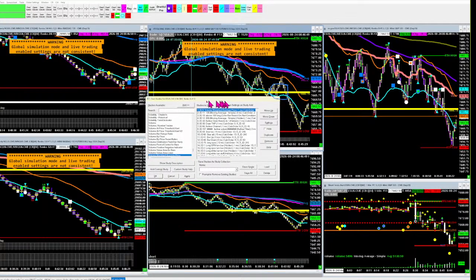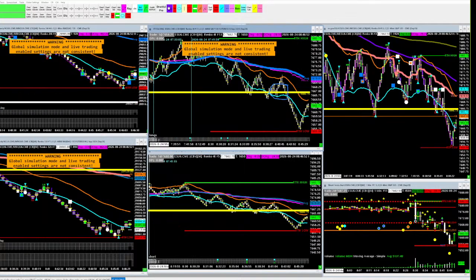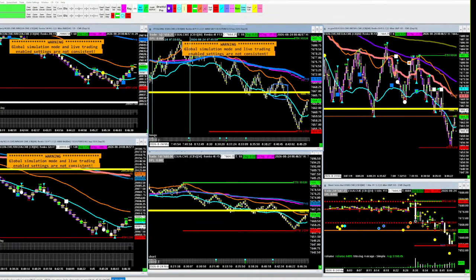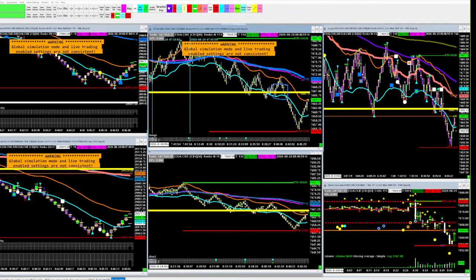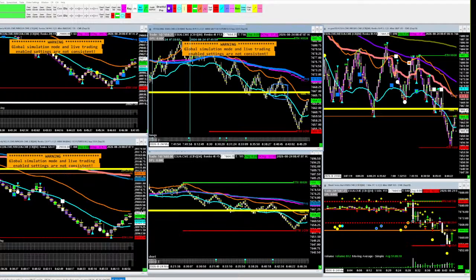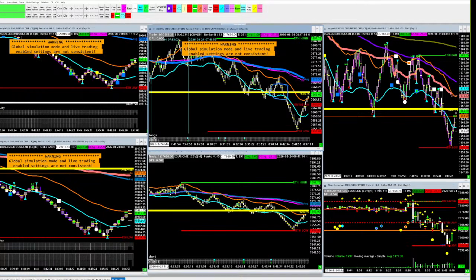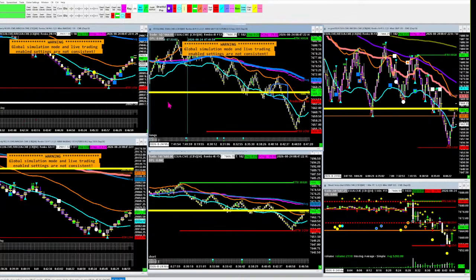This chart does not have the Renko bar predictor. Sorry, I've got to add it in. Look for Renko range predictor on the algo if you need it. And there's the Renko bar predictor.